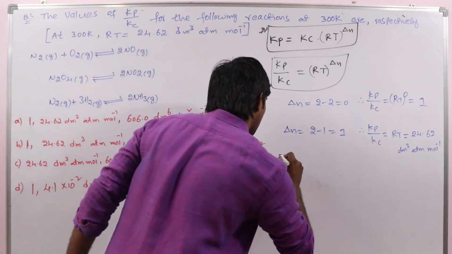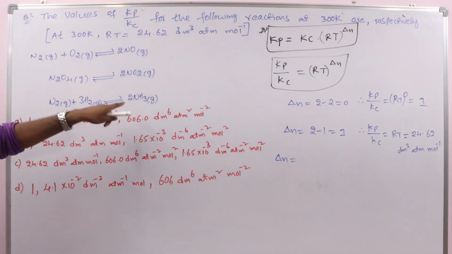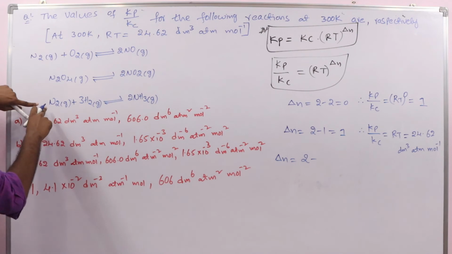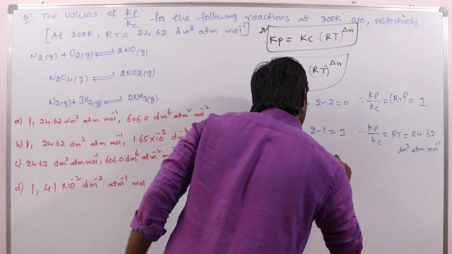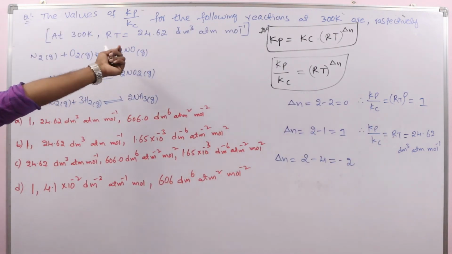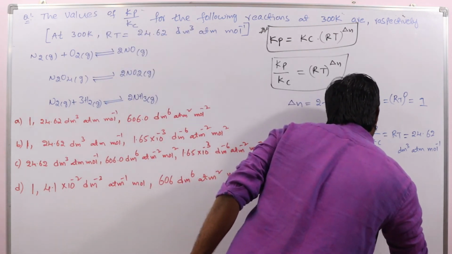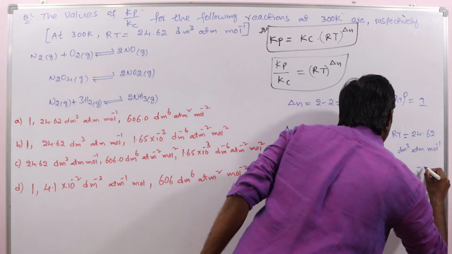Next, for the third one, delta n: here 2 moles of gas products are there, and here 1 plus 3, total 4 moles of gas reactants are there. So 2 minus 4 equals minus 2. Delta n equals minus 2. Therefore Kp by Kc is equal to RT power minus 2.